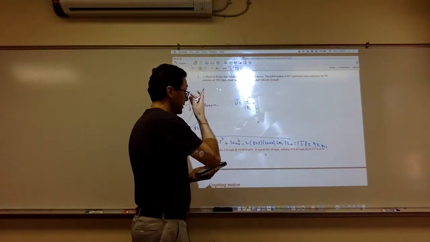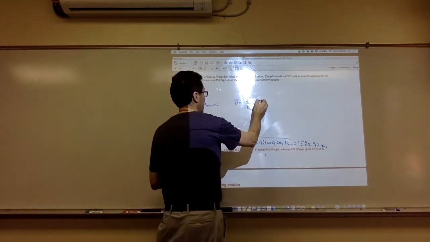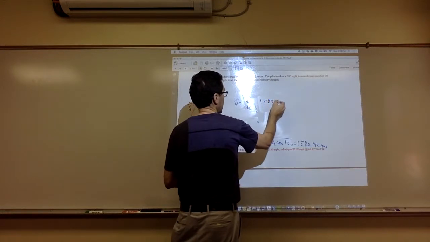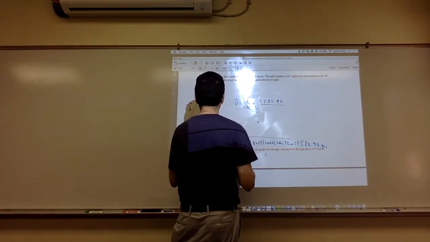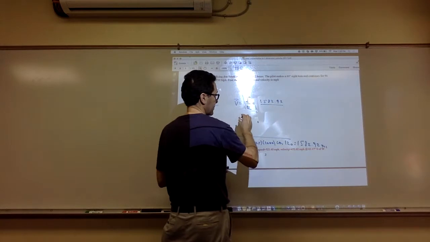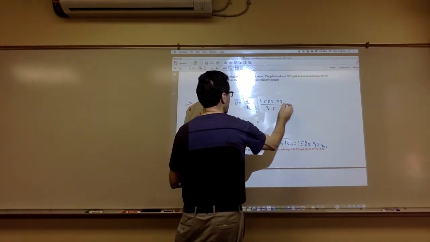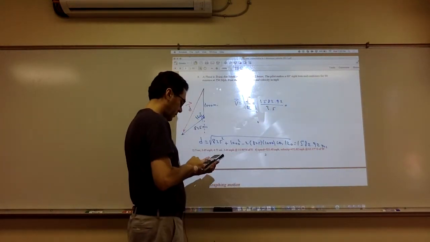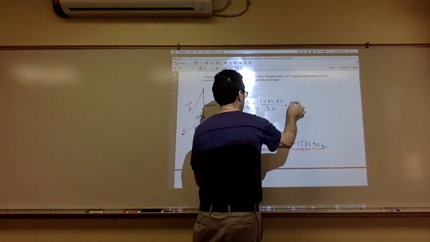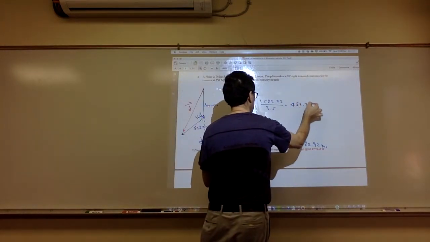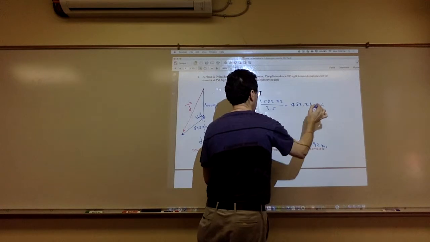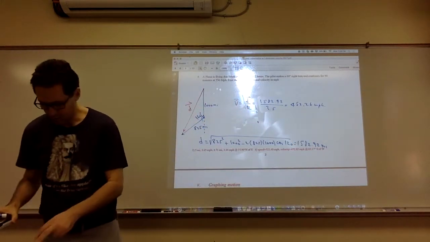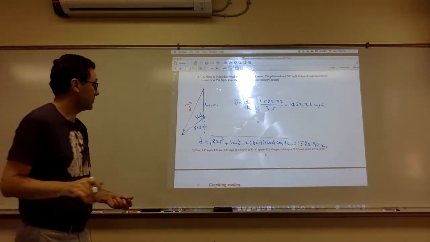Now to find the velocity, I just take that number and divide it by 3.5 hours. So if I divide that by 3.5, I should get 452.26 miles per hour. Let's hope that it's right. Yep, it is.